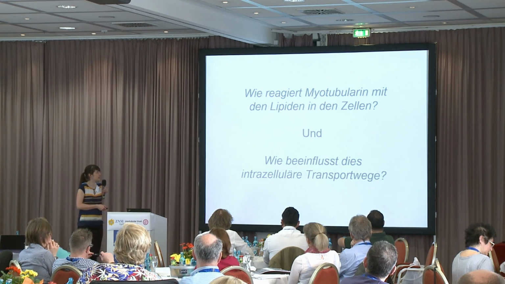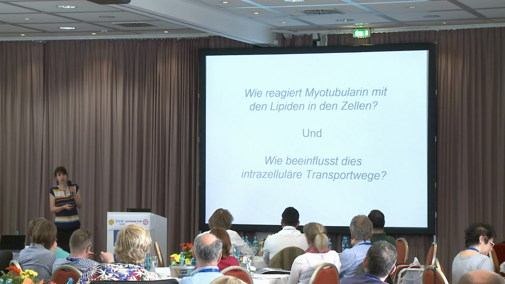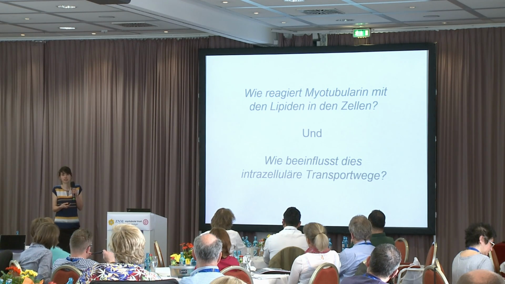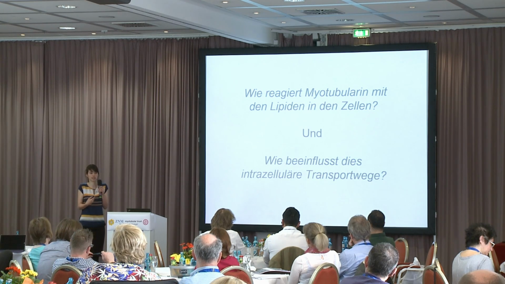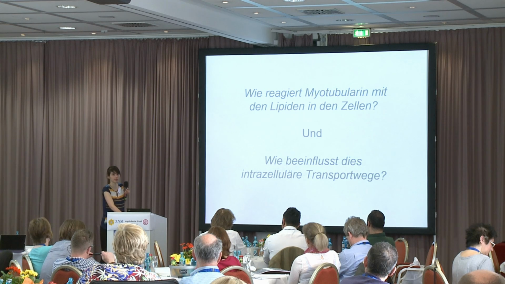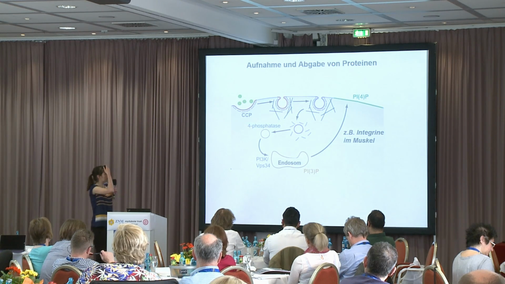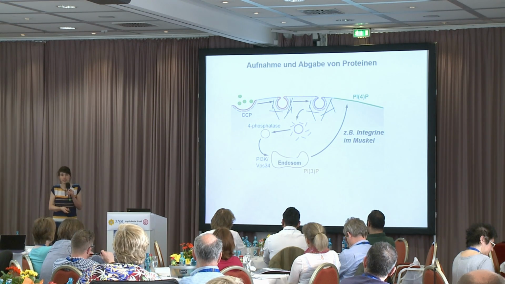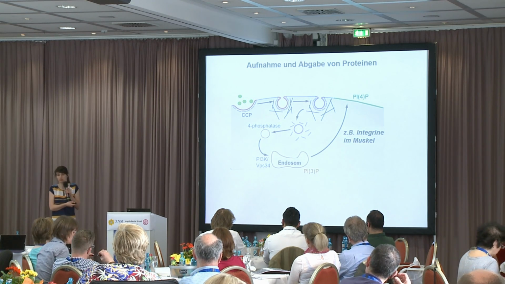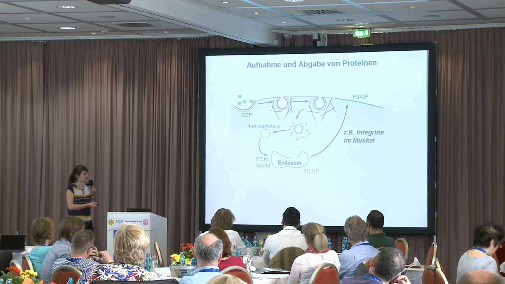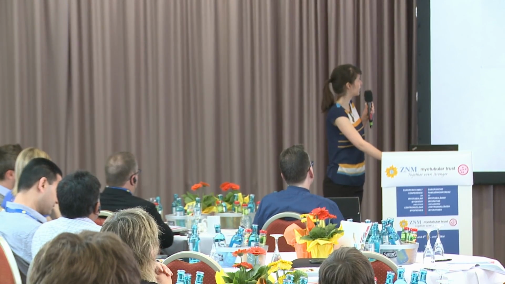What I wanted to talk about in a bit more detail is how does myotubularin work together with lipids, and how is it influencing intracellular transport? How is this possible to do with fats? You can fill up the transport paths with a staining element.